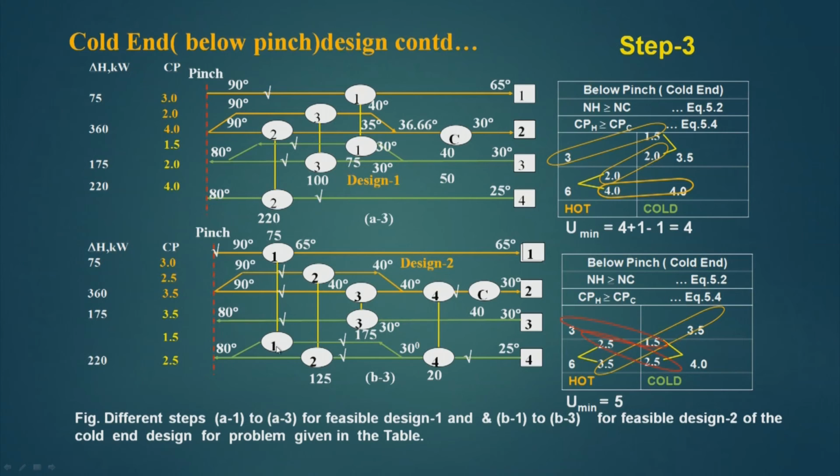Now, here I have 1, 2, 3, 4, 5 heat exchangers I am putting. I am putting 5 heat exchangers and I am not able to meet the U minimum target. So, we have completed 2 sets of design for the cold end. The first set will be called design 1 and the second set will be called design 2.